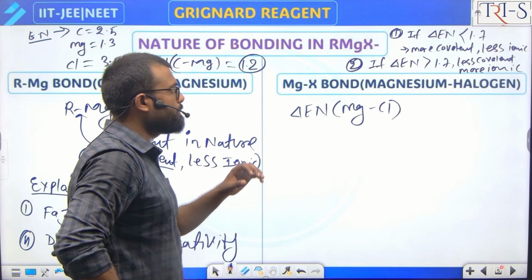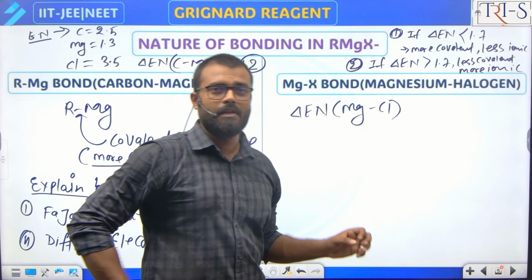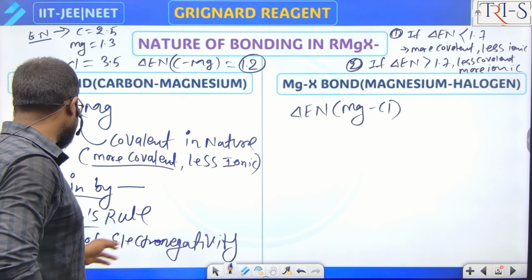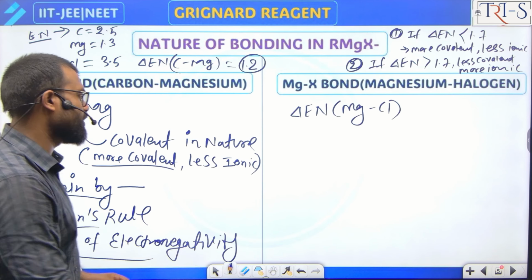This concept is generally explained on the basis of both Fajan's rule and the difference of electronegativity.